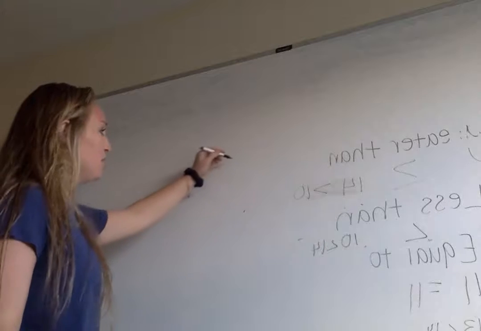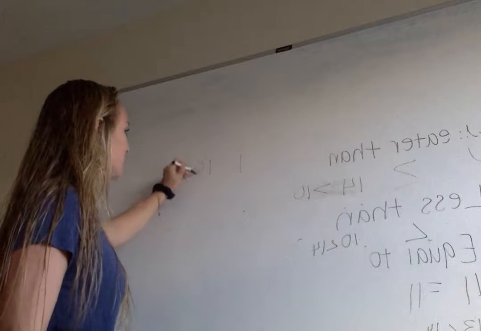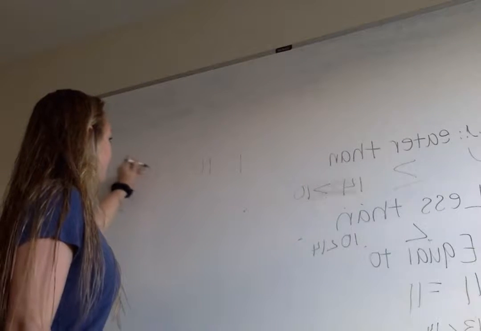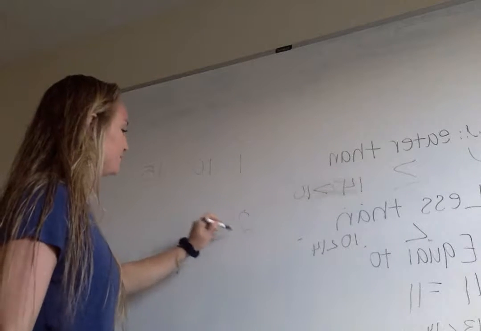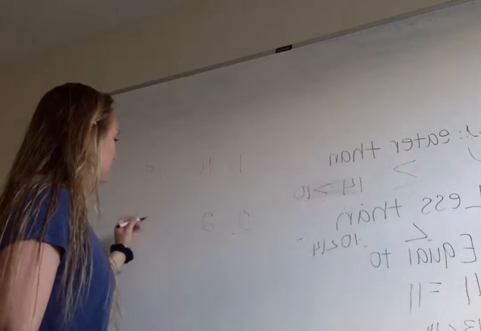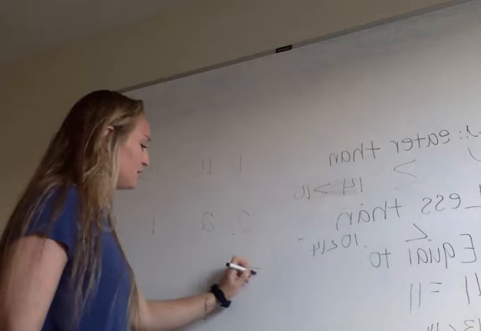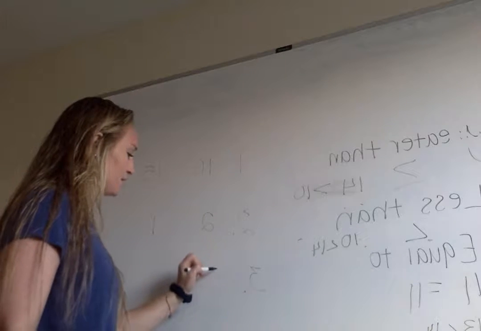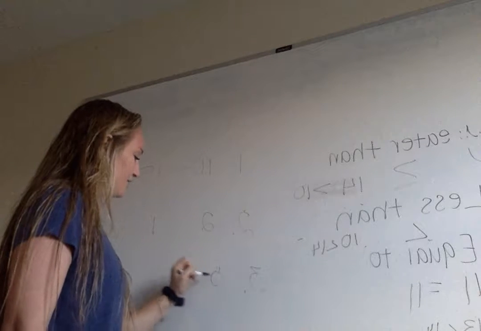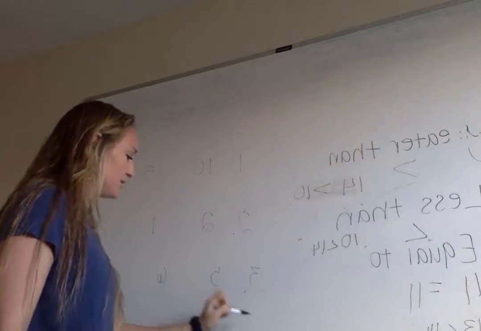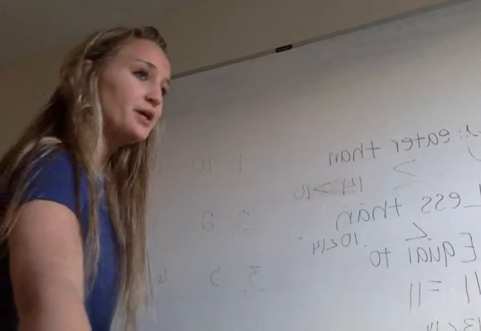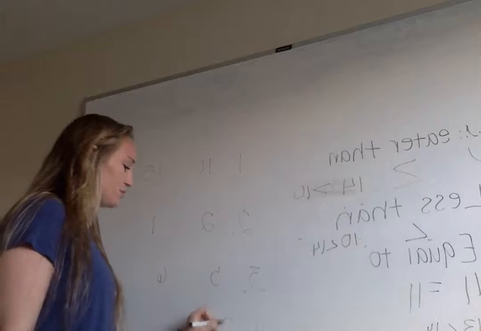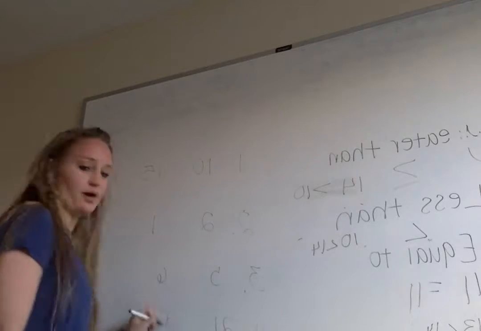For example, number 1, 10 and 15. Number 2, 2 and 1. Number 3, 5 and 6. And number 4 could be 21 and 21.